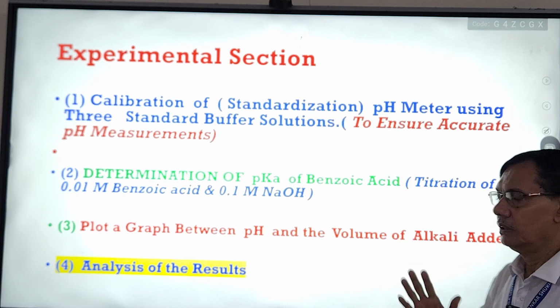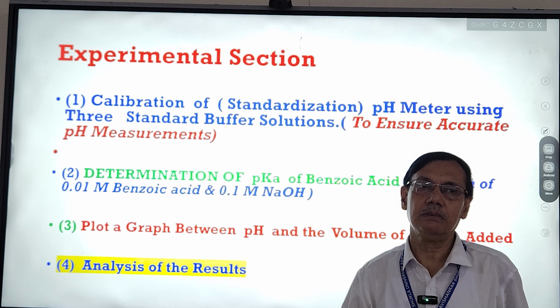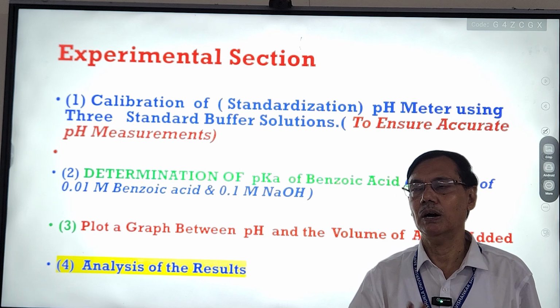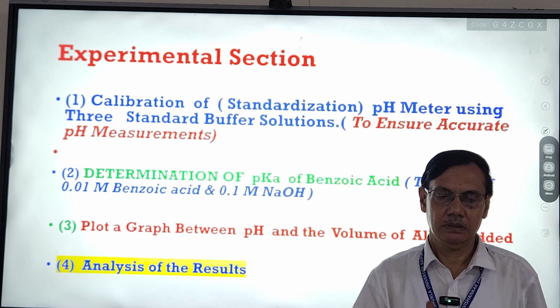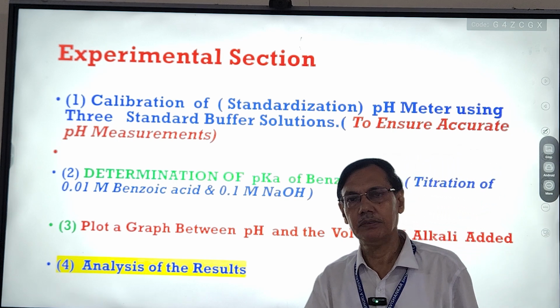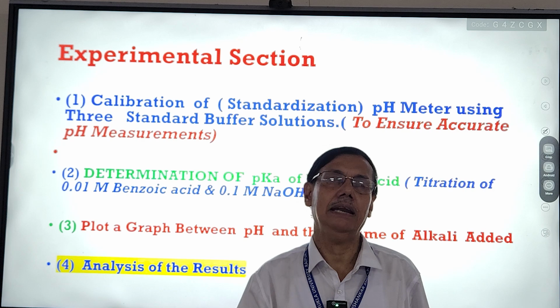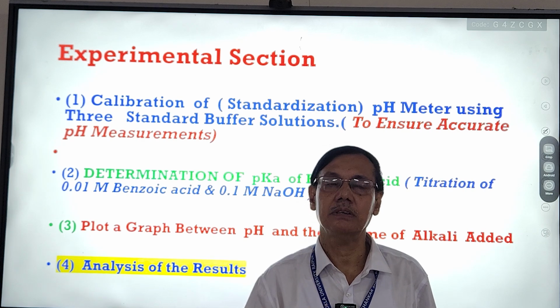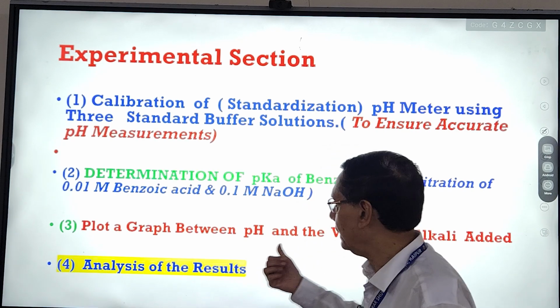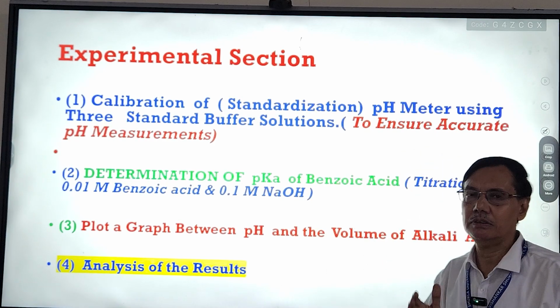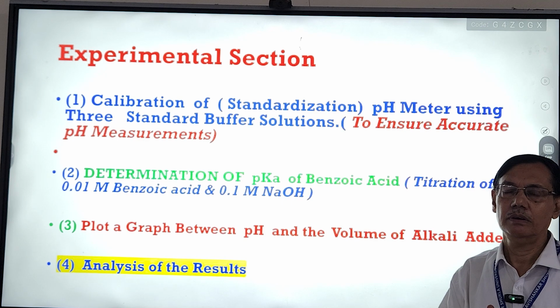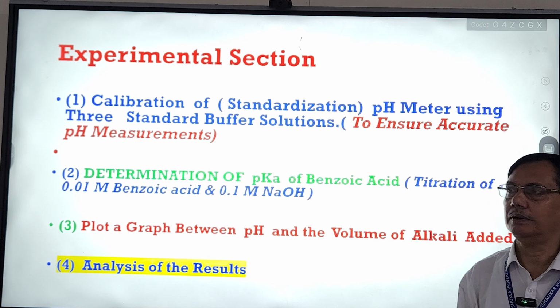So first you will prepare three buffer solutions. One is for the acidic region, that is 0.05 M potassium hydrogen phthalate. You know, it is a primary substance. For alkaline pH, you will prepare 0.01 M borax solution.